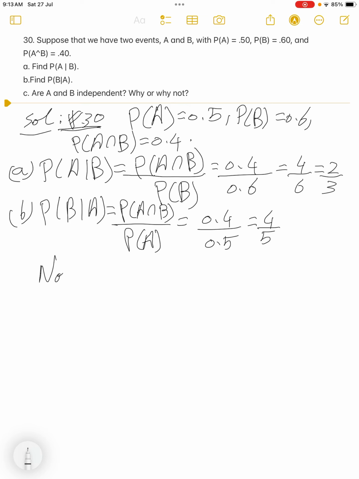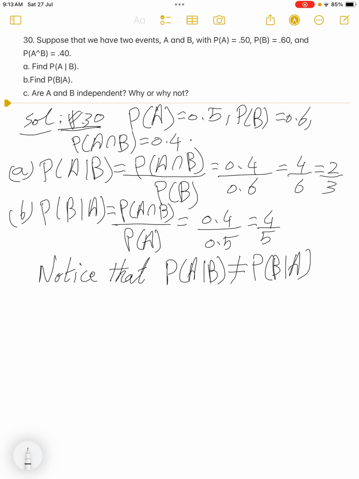Notice that probability of A given B is not equal to probability of B given A, which I mentioned when we discussed section 4.4. Number C, are A and B independent?